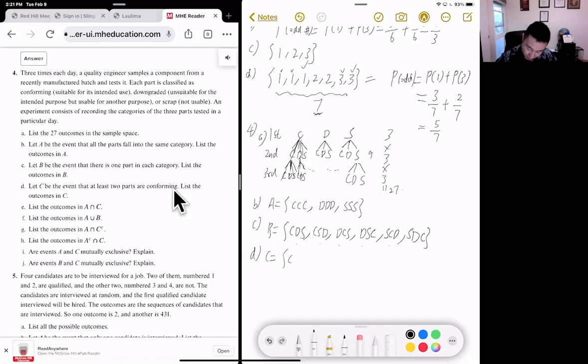At least 2 conforming, it could be CCD or CCS, or CDC, CSC, DCC, SCC, and don't forget the last one, CCC. So if 3 conforming, it still satisfies. So how many do we have? 1, 2, 3, so 7.